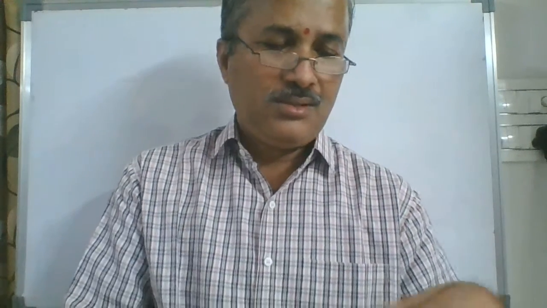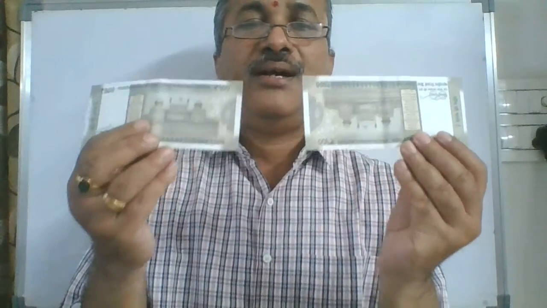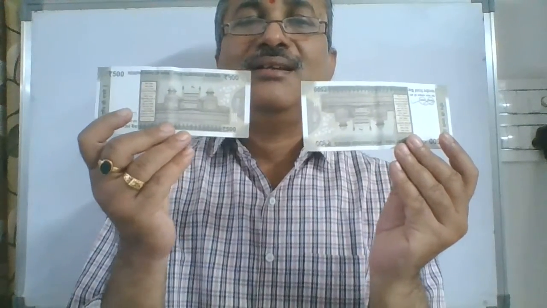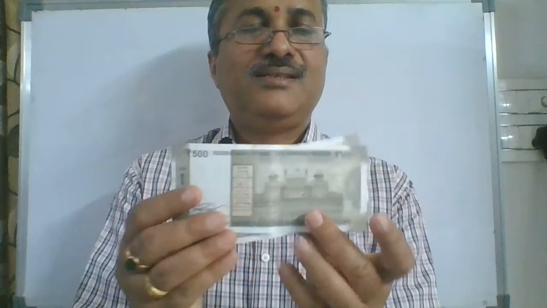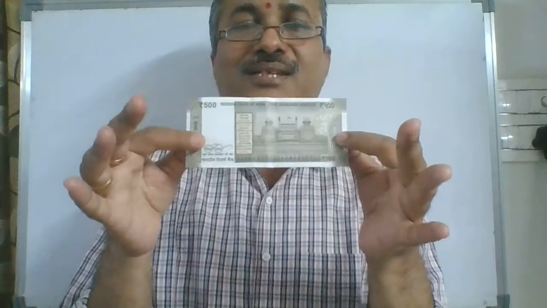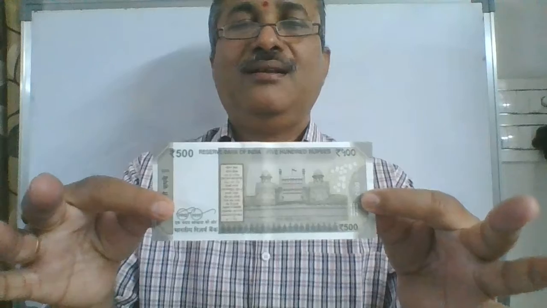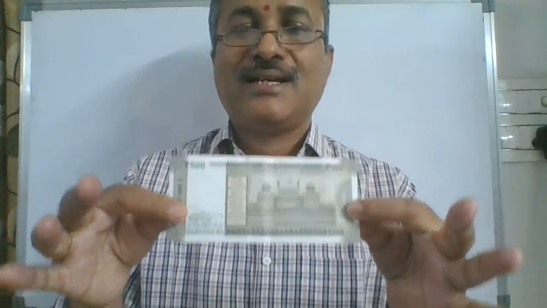And now, these two are 500 rupees notes, isn't it? Now are they the same? They are the same, and the sizes are also the same, because when superimposed they coincide exactly.